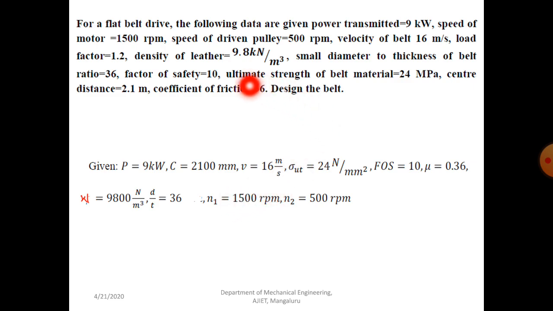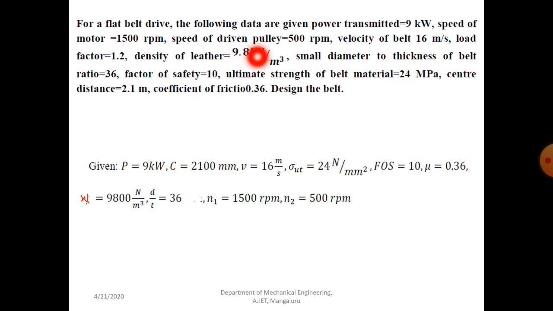So next factor, that is density of the leather. This is not actually a mass density; instead it is given in terms of weight density. By looking at the unit you can come to know: kilo Newton per meter cube. Newton per meter cube is a unit of weight density. If we have mass density, you need to multiply by 9.81, the acceleration due to gravity.